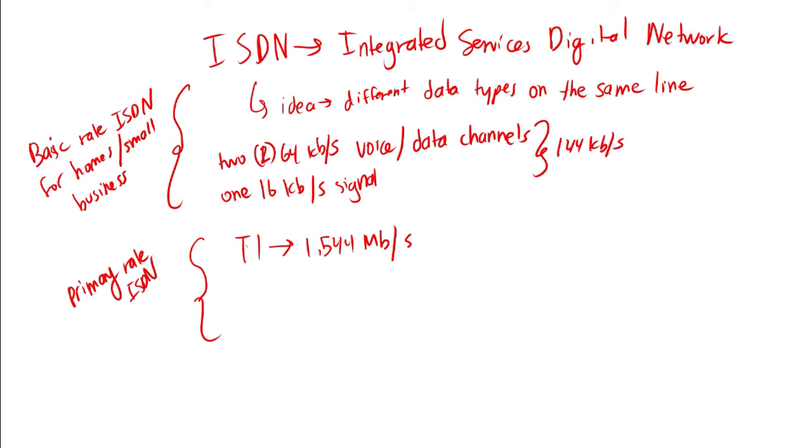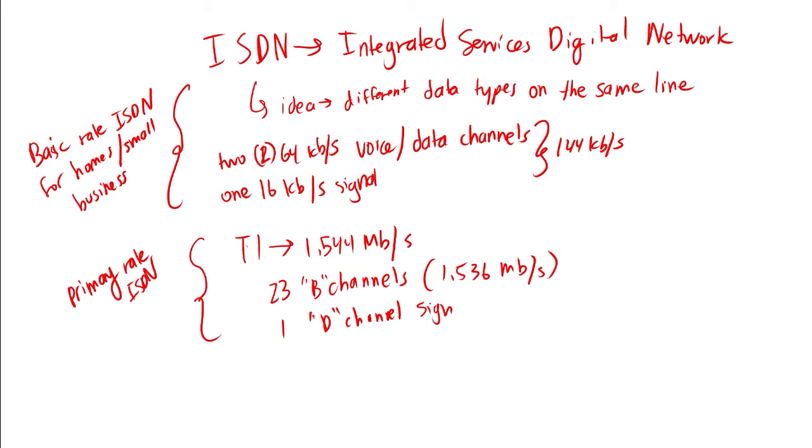It's actually 23 B channels. That's 1.536 megabits per second, and one D channel for signals. So 24 channels total.